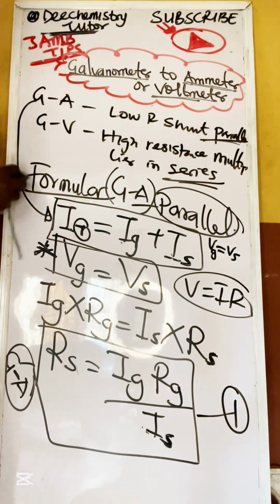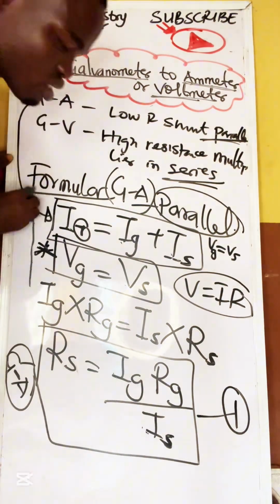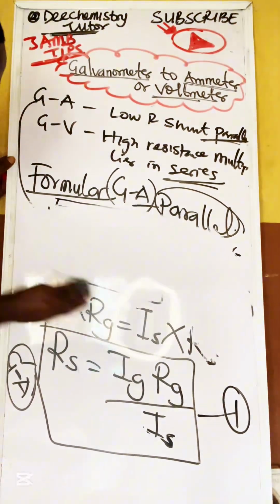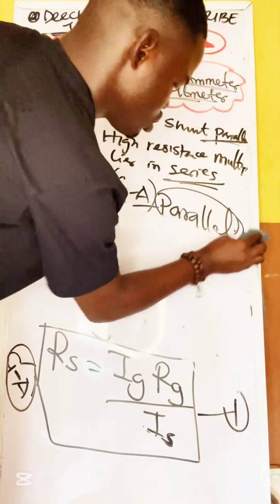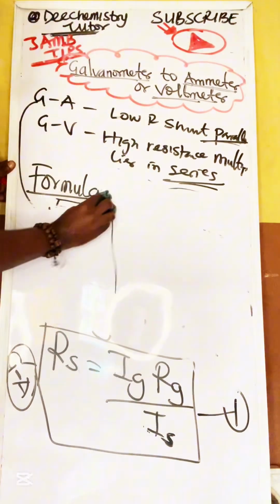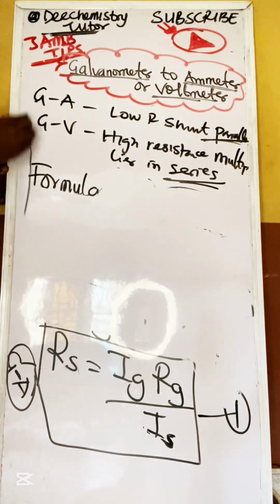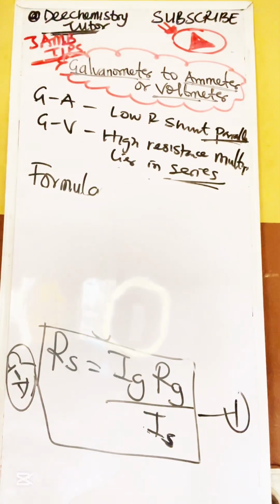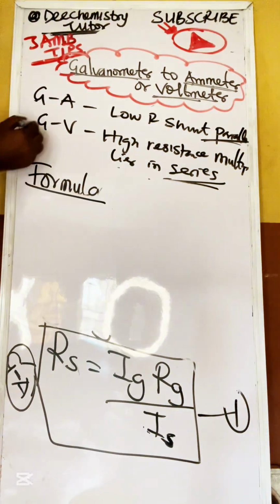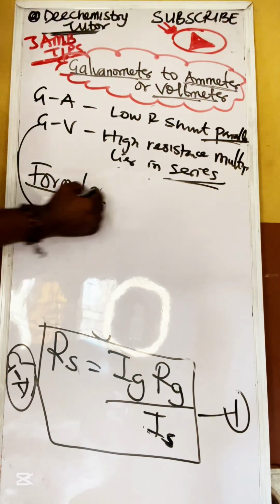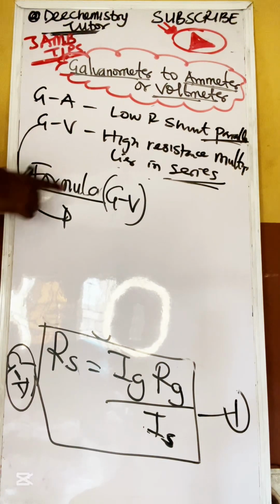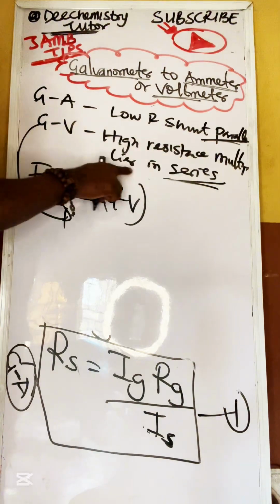Please take note of this. I'll write the formulas. If I want to convert from galvanometer to voltmeter, G to V, we already established the fact that I need a high resistance in series.